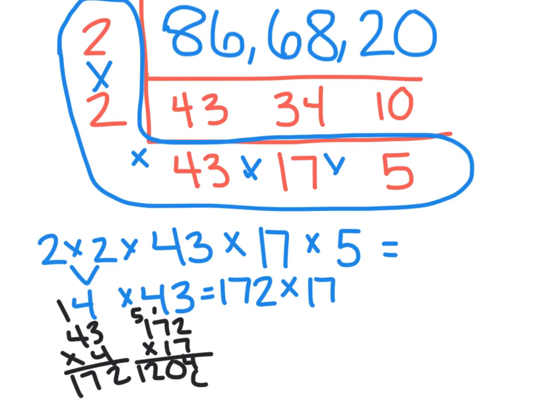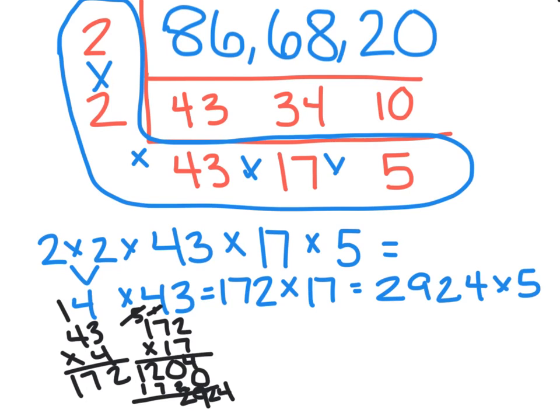Put a 0 to hold your place. 1 times 2 is 2. 1 times 7 is 7, and 1 times 1 is 1. When you add it all up, we have 4, 2, 9, and 2. So that equals 2,924. Then the last number times 5.